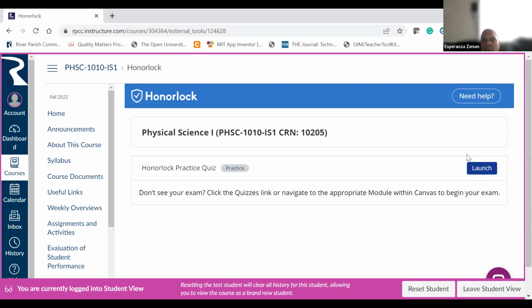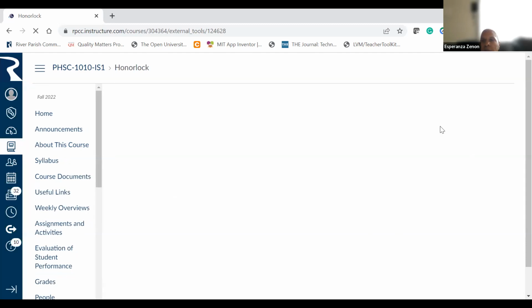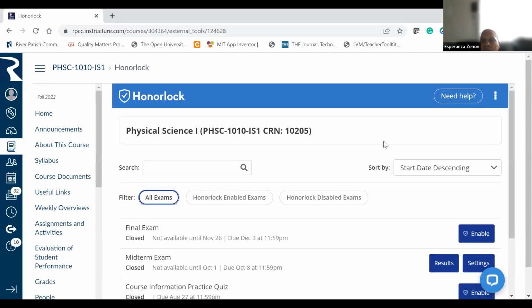I see a hand up. Let me leave student view and just unmute yourself and ask your question if you have one, please. I'm going to stop the share temporarily because I'm not sure if the person on the iPhone has their hand up and can't unmute.